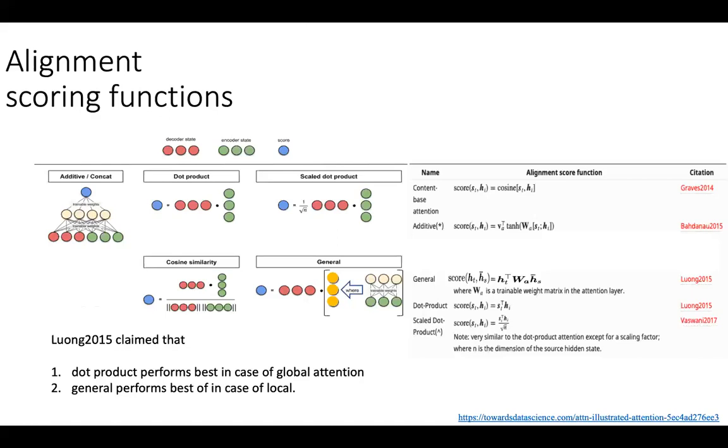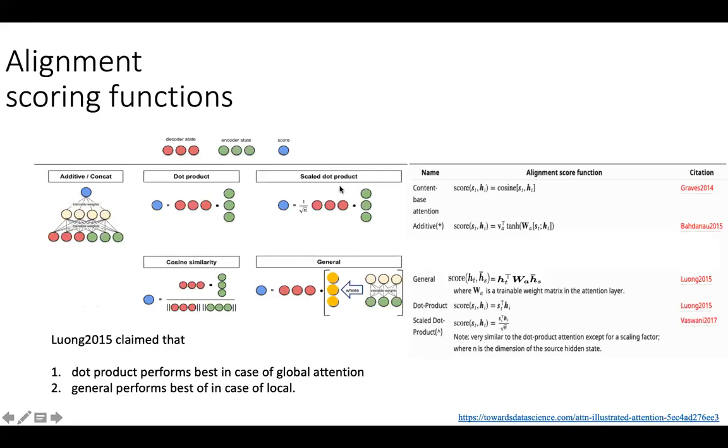So in the attention layer as well, we have trainable parameters in the additive concat method. In the dot product, we just take the dot product between the decoder hidden state and the encoder stage output. It essentially determines the similarity between them and computes the score.